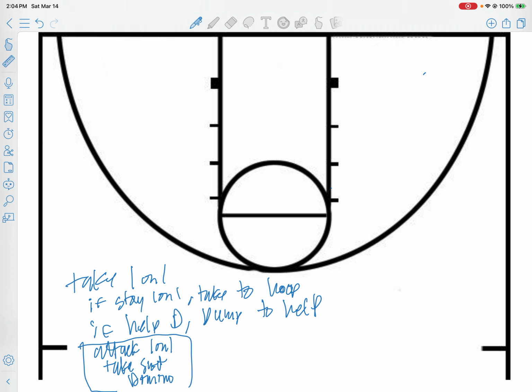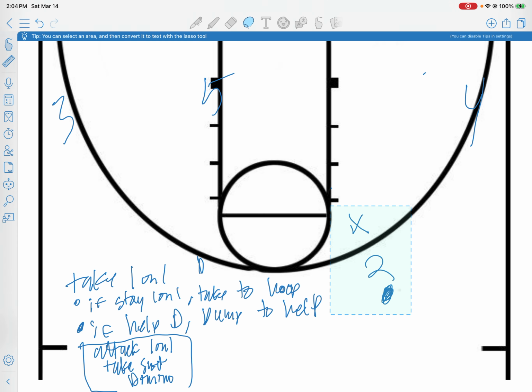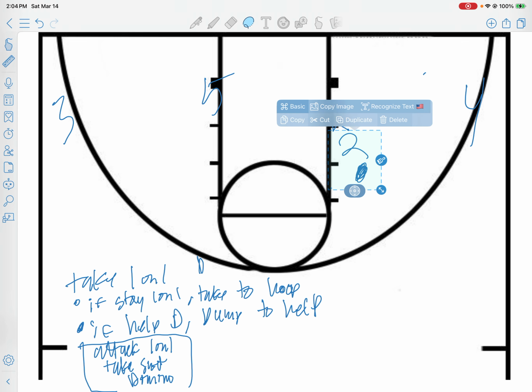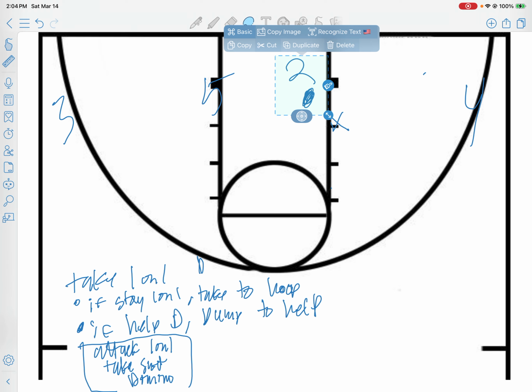Okay, so all of these things down here are the options of the receiver. But the easy thing to keep in mind is these two things. Let's say the 2 now, the 1, 3, 4, the 5. The 2 has the ball. Again, just keep it simple. If it stays one-on-one, you go all the way and get the layup or get a shot around the basket.